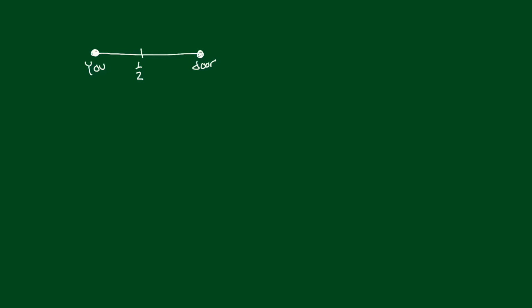Then, when you're at that point, you have to go halfway again. So what have you done so far? You've traveled halfway. Then you travel 1/4 of the way, right? So this right here is 1/4. Now you're here. Then you have to go halfway again. Now that distance is 1/8, and then that distance is 1/16, right?